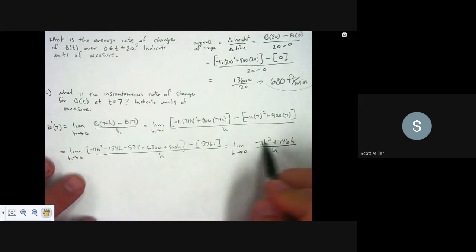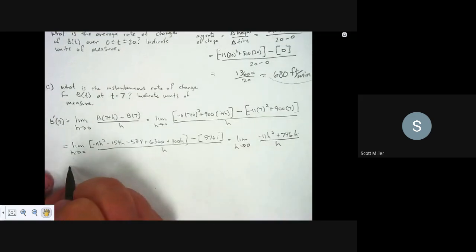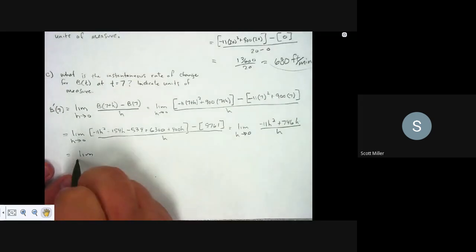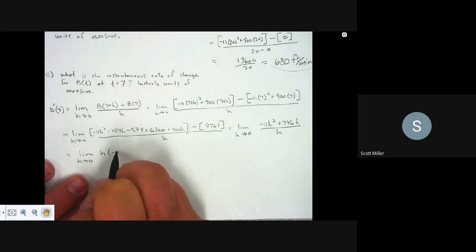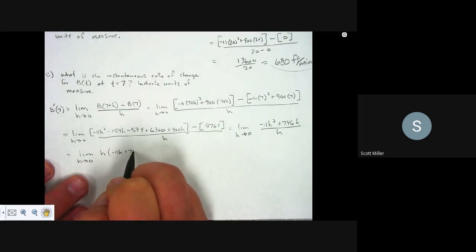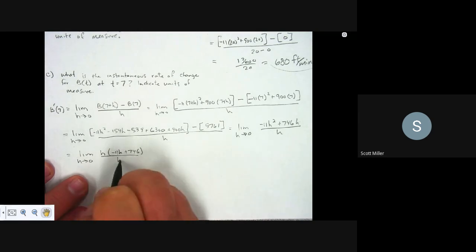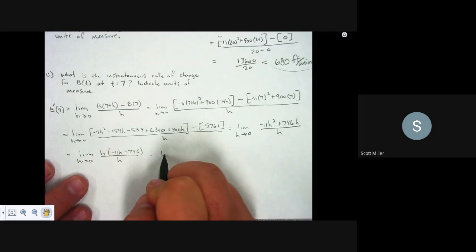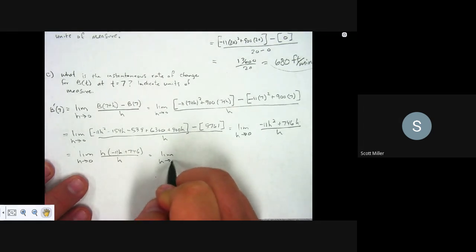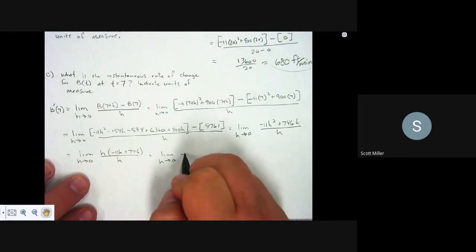But if I factor out that h on top, you'll notice that it's going to reduce. So I take out an h on the top, I have a negative 11h plus 746. There's the h on the bottom, and those reduce out, leaving a limit that I can figure out fairly easily.